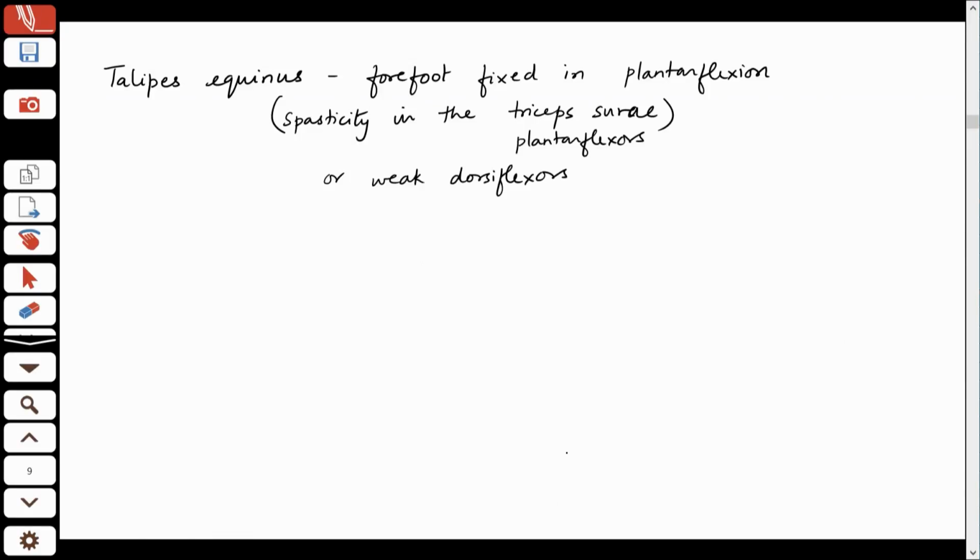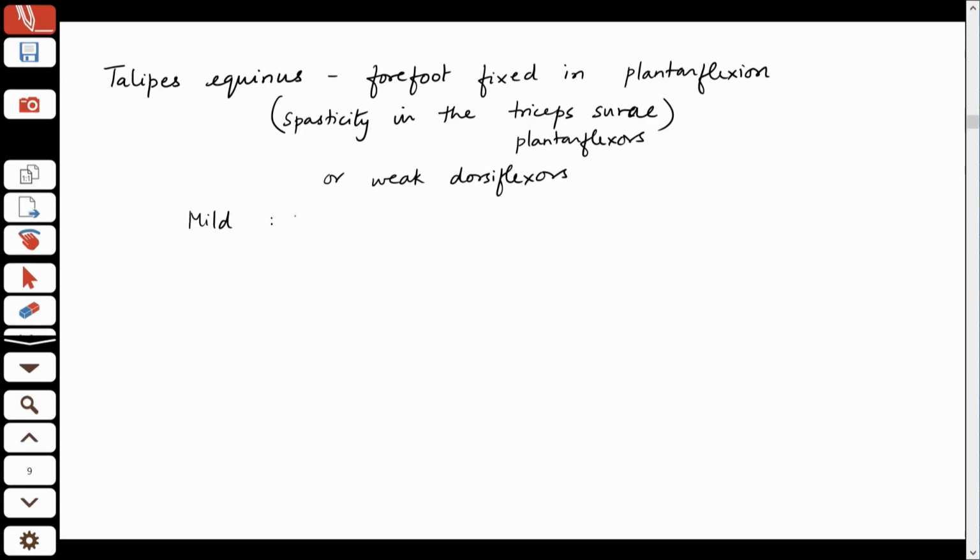So, in a mild case of this, the foot may be placed on the floor. So, you could dorsiflex the foot by applying an external load basically. So, you may be able to place it flat because of the external load. In a severe case, the heel can never make contact with the ground.